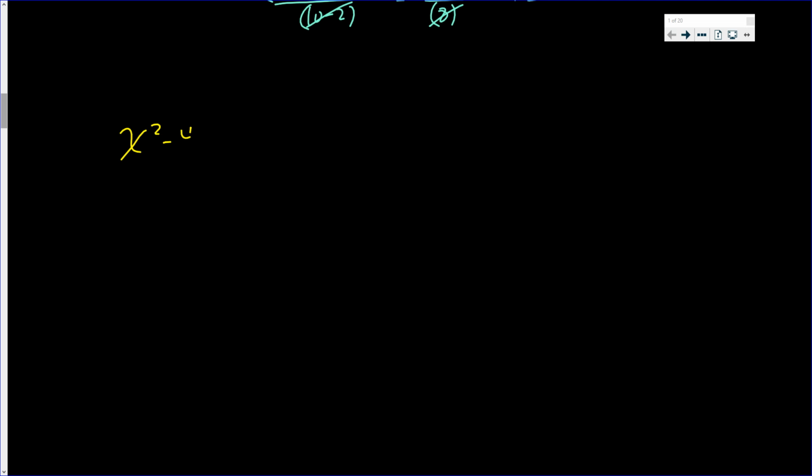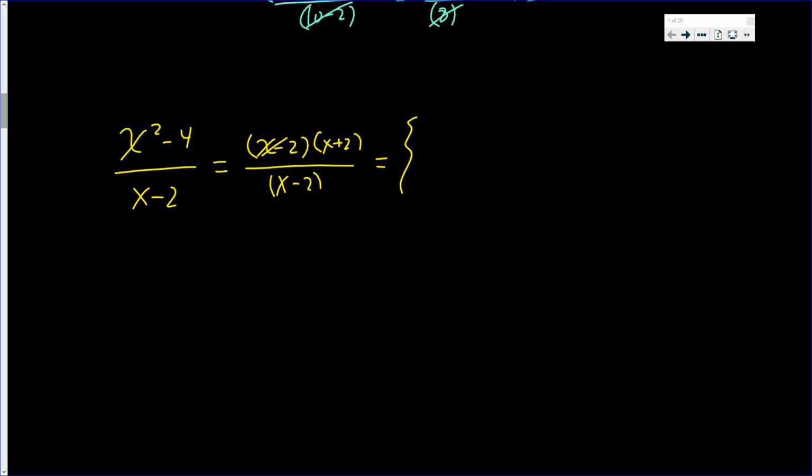If you have x squared minus 4 over x minus 2, this becomes x minus 2 times x plus 2 all over x minus 2. Now this is a piecewise function. When this cancels out, you just get x plus 2. But that cancels out if x is not 2. Because any number that isn't 2, when you take away 2, you won't have 0.